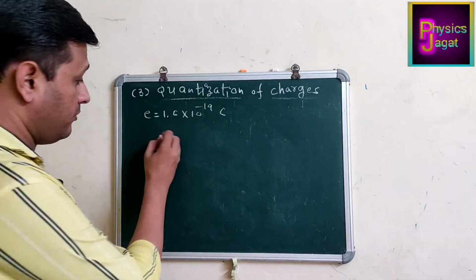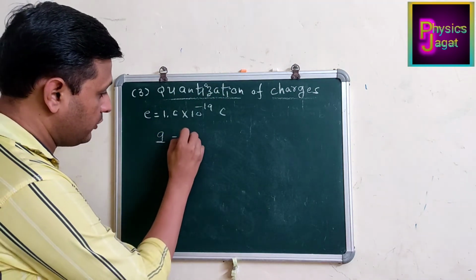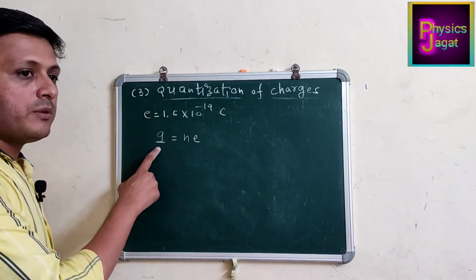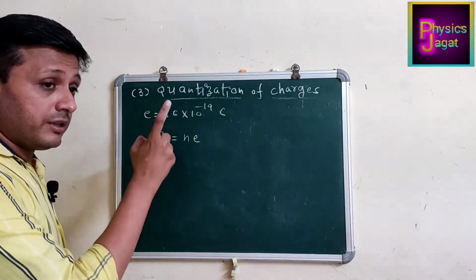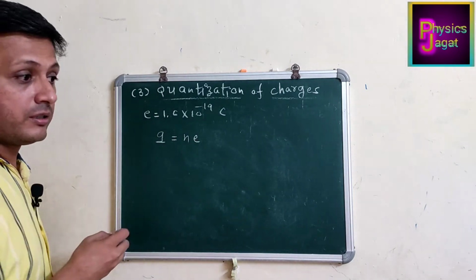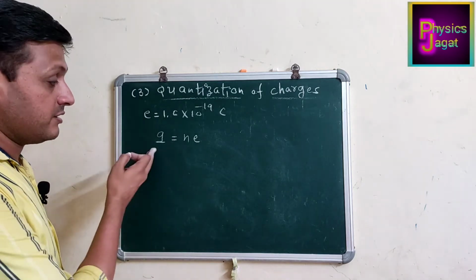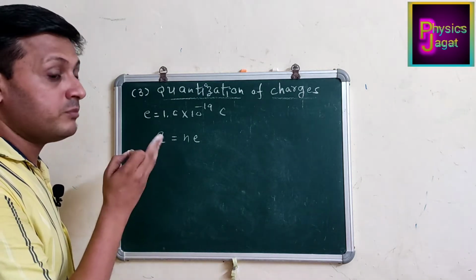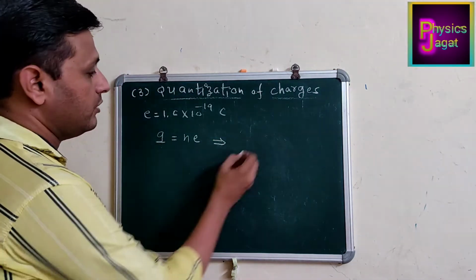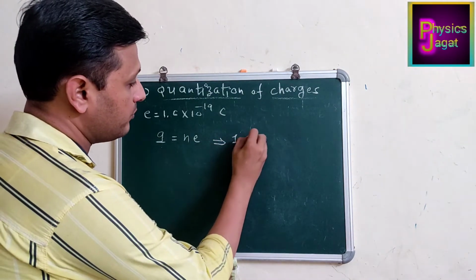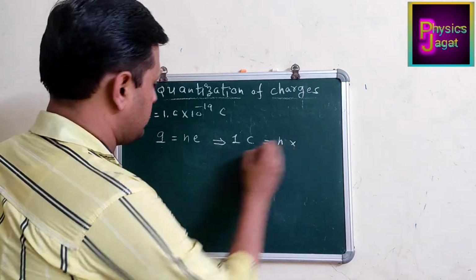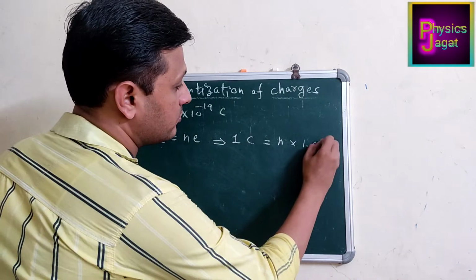We have the formula Q equals N E, so we can find how many electrons there are in 1 coulomb of charge. Let's calculate it. If we take Q equal to 1 coulomb, N is what we want to find.